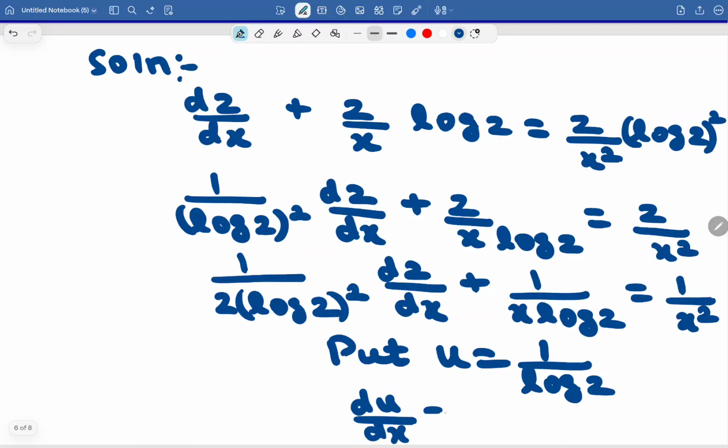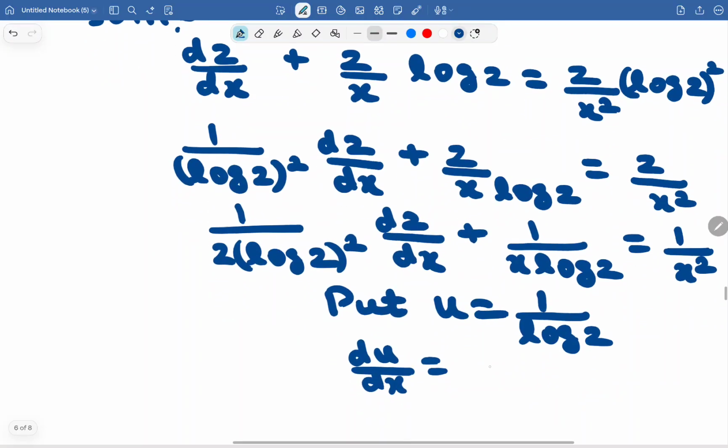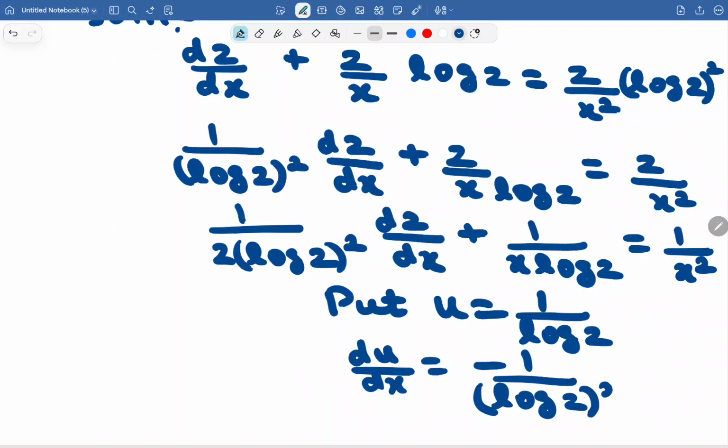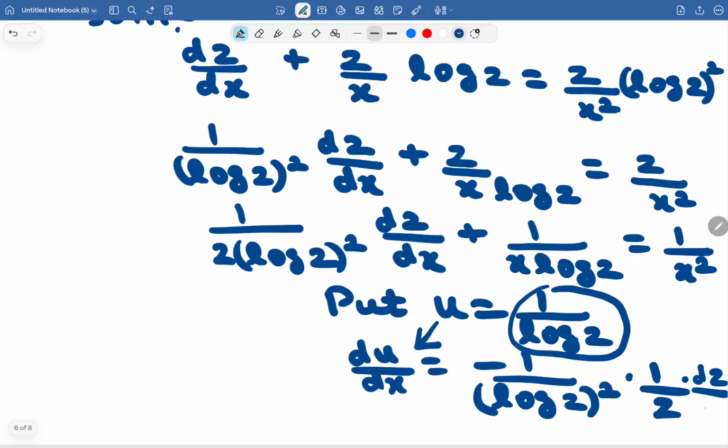du by dx becomes minus 1 by log z the whole square into dz by dx. If we differentiate u with respect to x, 1 by log z becomes minus 1 by log z the whole square. Differentiation of log z is 1 by z, and differentiation of z with respect to x is dz by dx.